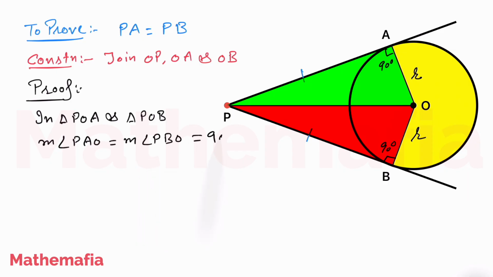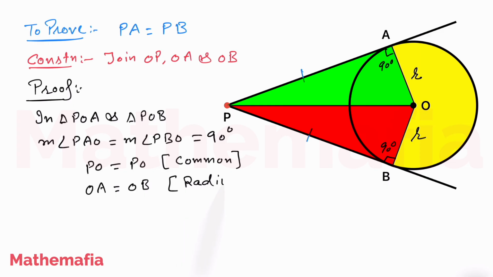Both are 90°. Now PO is equal to PO. This is a common side in both the triangles and it is hypotenuse of both the triangles as well. And then OA is equal to OB because OA is also radius and OB is also radius of the circle.